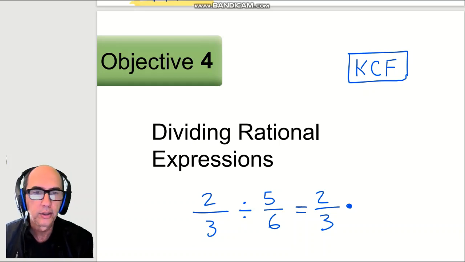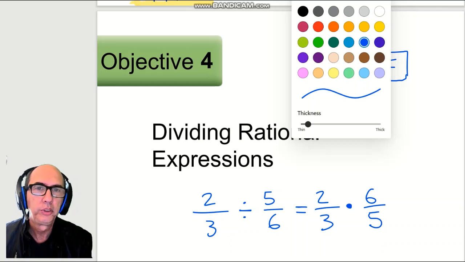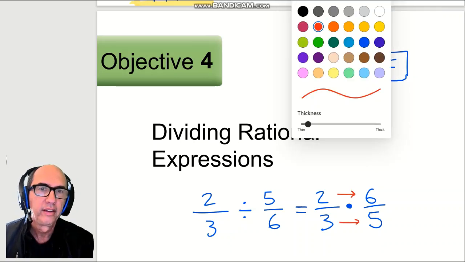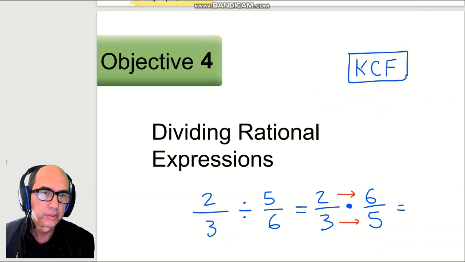Flipping means you're going to write down here the reciprocal. And now you just multiply. Multiply 2 times 6, multiply 3 times 5. The answer is 2 times 6, 12. 3 times 5, 15.